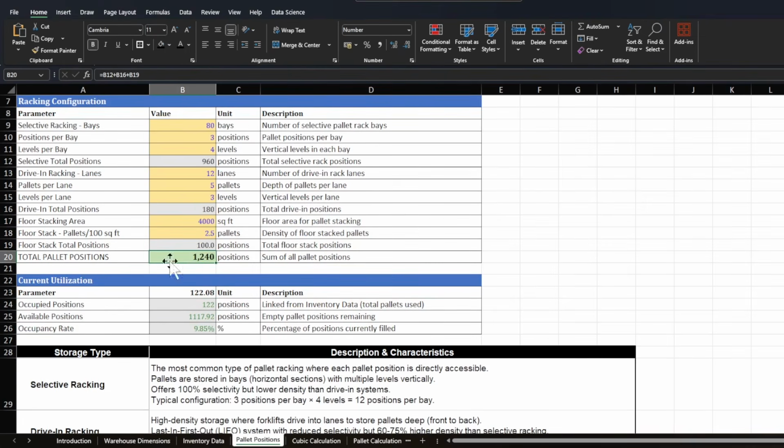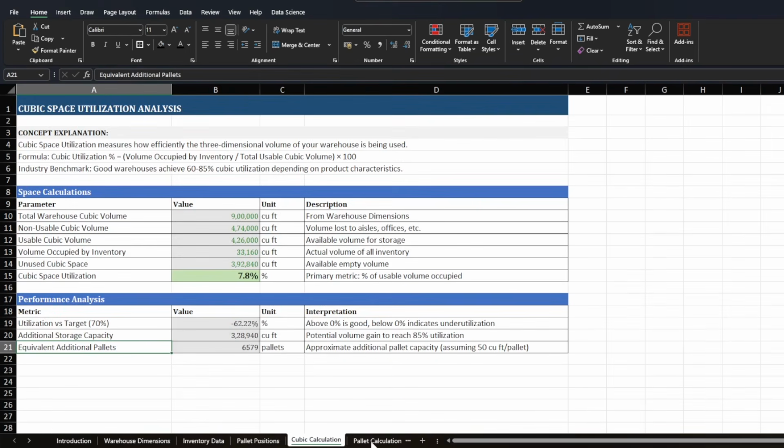Now we have the total pallet positions as 1240. So the available positions will be 1240 minus 122, which is around 1118. And we can check the occupancy rate, which is 9.85%. So we are saying that only 10% of our pallet positions are covered and the rest of the warehouse is empty. Hope you understand this. Let's move to the cubic calculation.